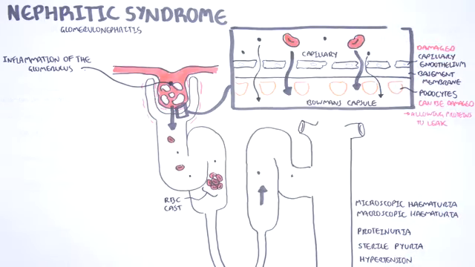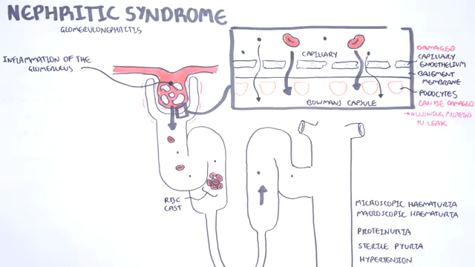Unlike ANCA-associated glomerulonephritis, which has no immune complex deposition on immunofluorescence, immune complex mediated glomerulonephritis does. So this is the next type of glomerulonephritis. Immune complex glomerulonephritis refers to the presence of immune deposits in the glomeruli for whatever cause.